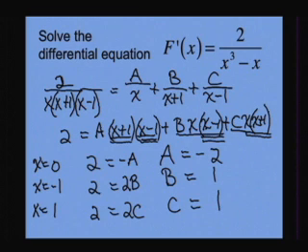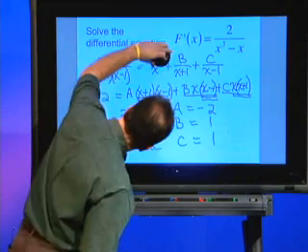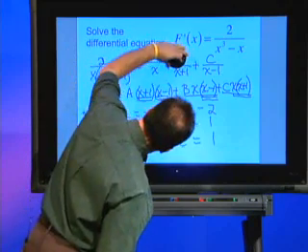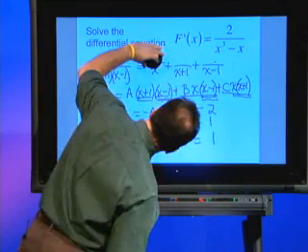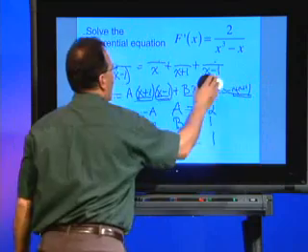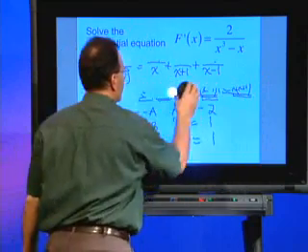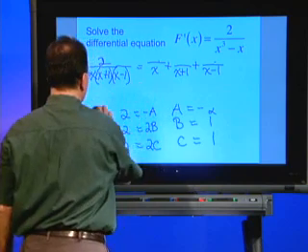So what I'm going to do is simply replace these guys up here with their corresponding elements that we just solved for, and then that would allow me to then integrate both sides.